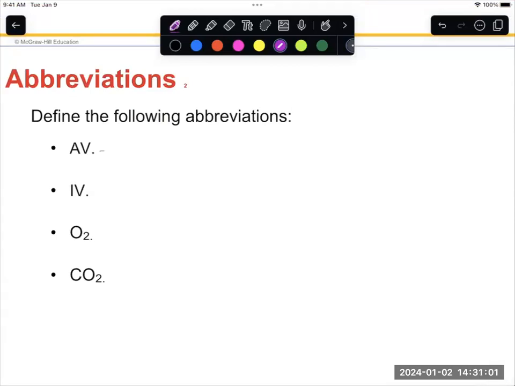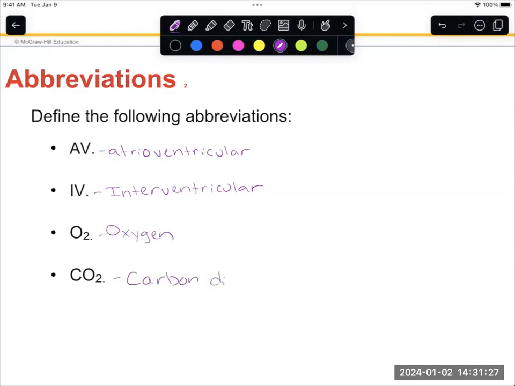AV is the abbreviation for atrioventricular. IV, interventricular. O2, oxygen. CO2, carbon dioxide.